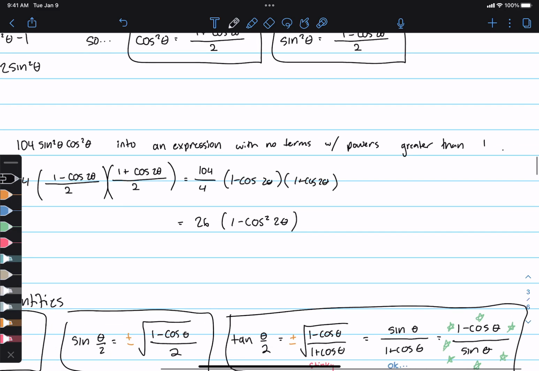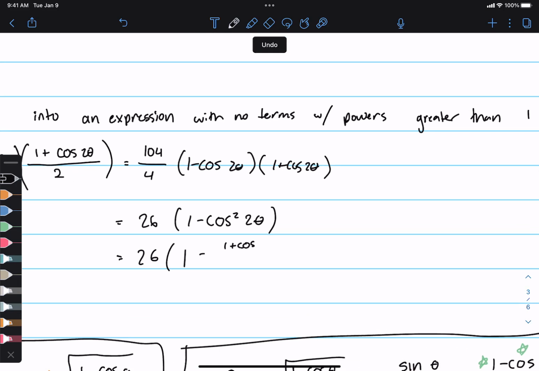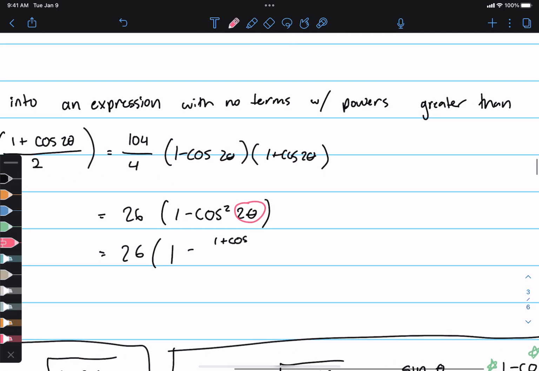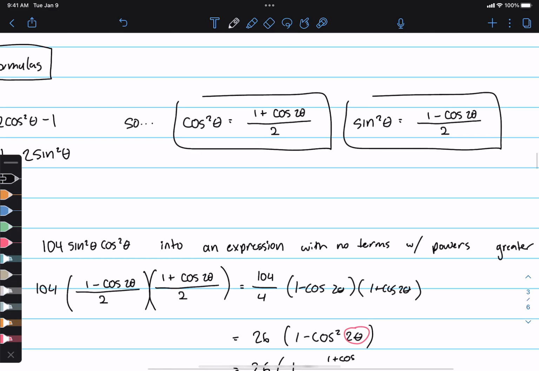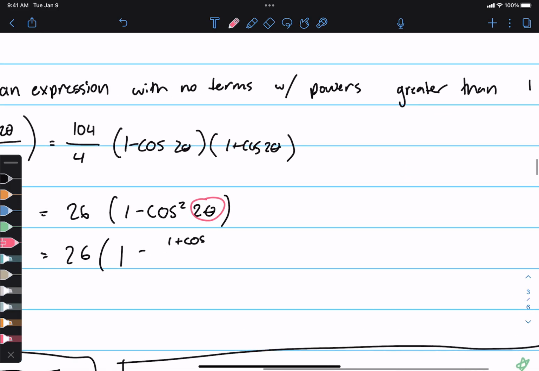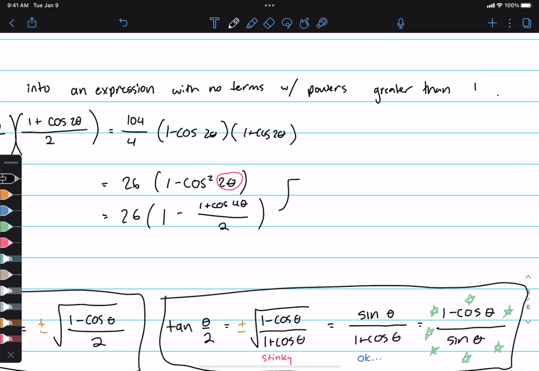So I'm going to replace that cosine squared term with 1 plus cosine of 2 theta over 2. But because our value in here is 2 theta, and our power reducing formula multiplies the inside by 2, we go from theta to 2 theta, we're actually going to go from 2 theta to 4 theta, right? All divided by 2. When we carry this out, this is going to be 26, right?